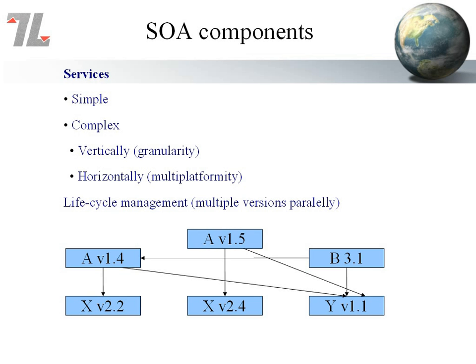Service A utilizes services X and Y. Namely, version 1.4 utilizes version 2.2 of X, and version 1.5 utilizes version 2.4 of X. Both rely on version 1.1 of Y. One could say, let's retire the old version of A, but we cannot do this without thinking, because version 3.1 of B utilizes it.